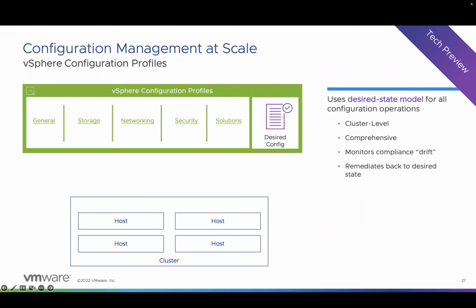And we're just doing it a little bit differently here, because rather than worrying about managing these profile objects that you had to remember to attach to clusters or attach to hosts, the cluster's vSphere Configuration Profile lives in the cluster object itself. So there's no special place in the UI like with host profiles that you need to go to. You go to the cluster object and the Configuration tab, and there's an area for vSphere Configuration Profiles. So the configuration lives within the cluster object.